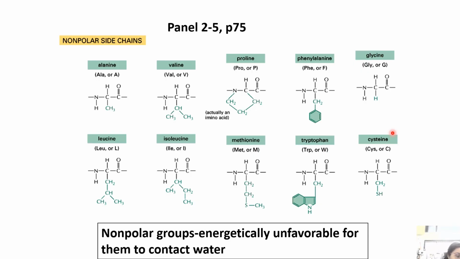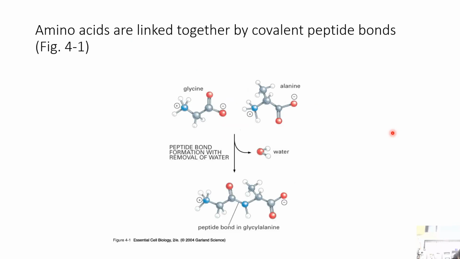Leucine, isoleucine, methionine, tryptophan, cysteine. Non-polar groups are energetically unfavorable for them to contact water. Then amino acids are linked together by covalent peptide bonds. Peptide bond formation occurs with removal of water. Peptide bond in lysine and alanine, lysyl alanine.